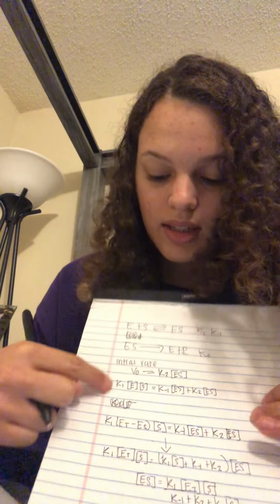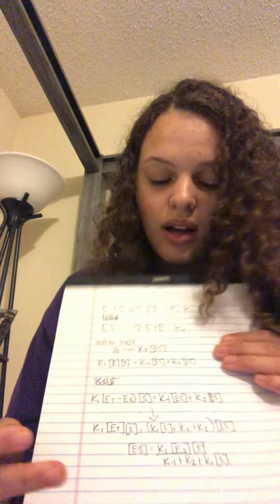So in this expression, we start off with K1 times E total minus ES, times the substrate, equals K-1 times the enzyme substrate complex plus K2 times the enzyme substrate complex.